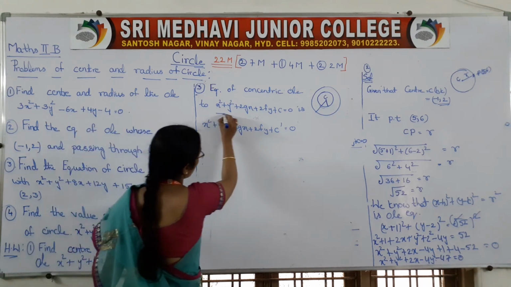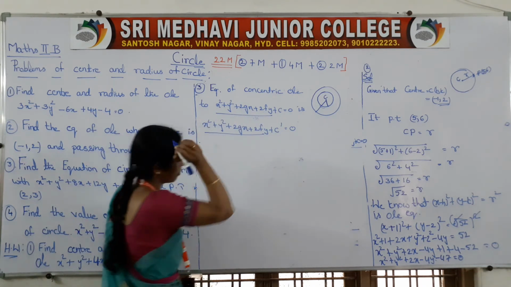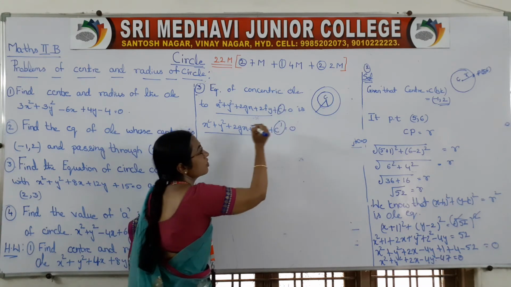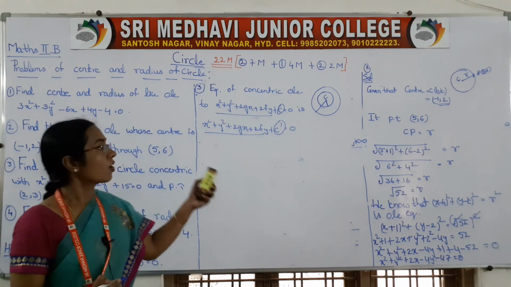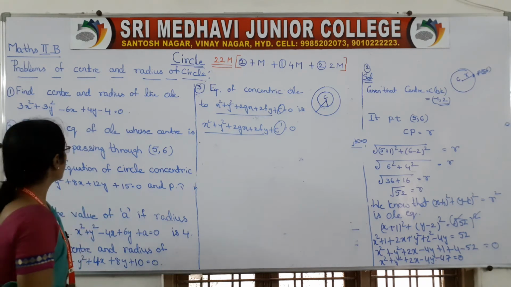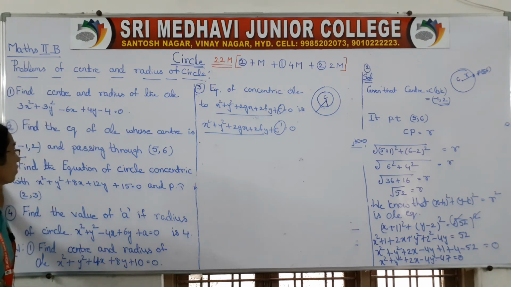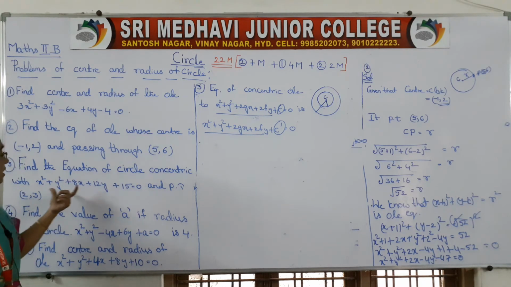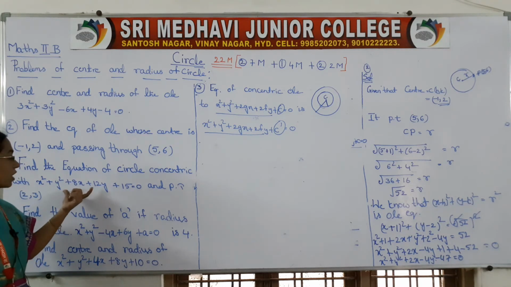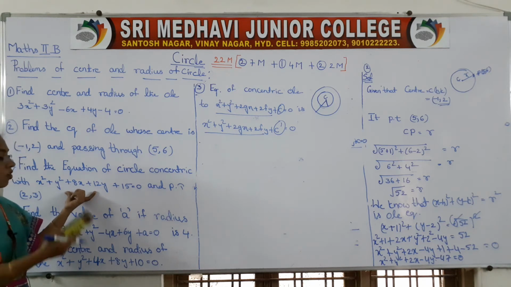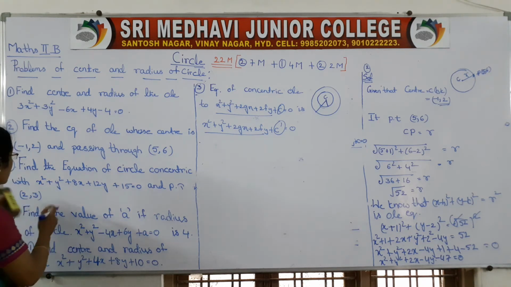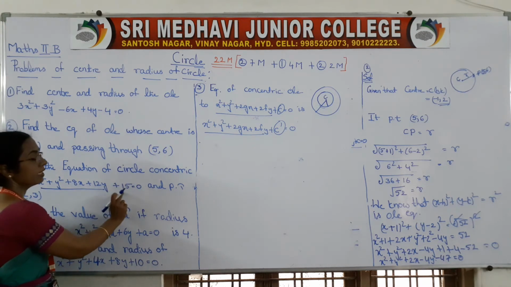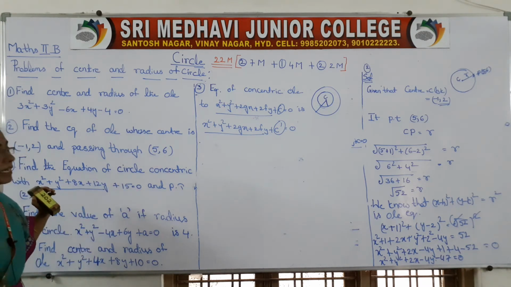Observe, all these terms are same, only the constant term is different. Such type of circles are called concentric circles. Now come to this. We have to find the equation of the circle concentric with this circle. That means all these terms will be same, only the constant term will be different.